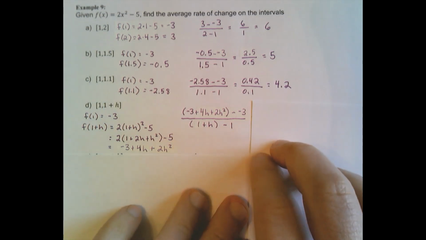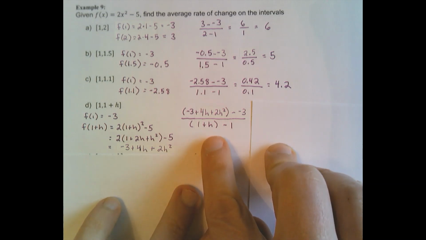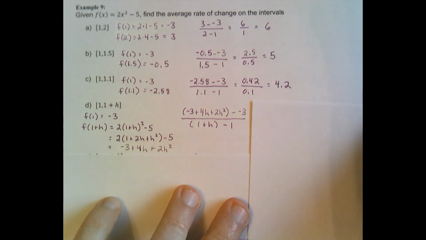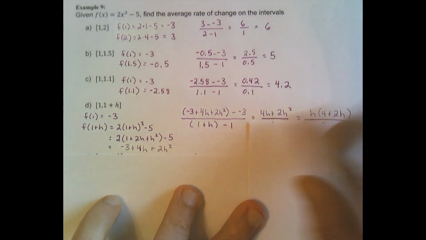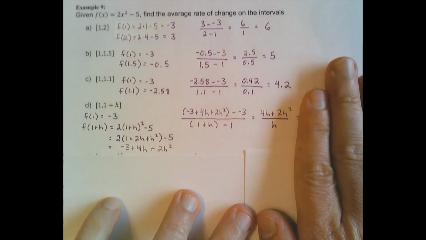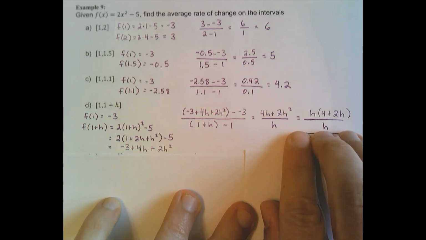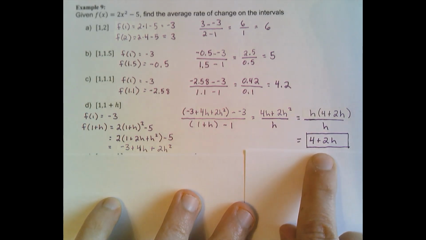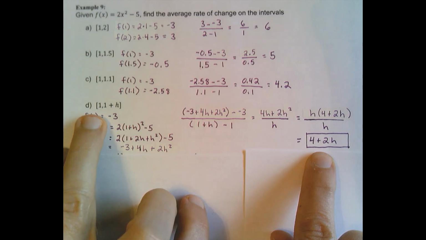And this difference quotient should be able to be simplified down as we start to cancel the things that are cancelable. -3 plus 3 cancels, and then the 1 minus 1 cancels. Then we can factor the h out, and the h cancels, and we have an expression now that will tell us the slope from 1 to anywhere past 1.